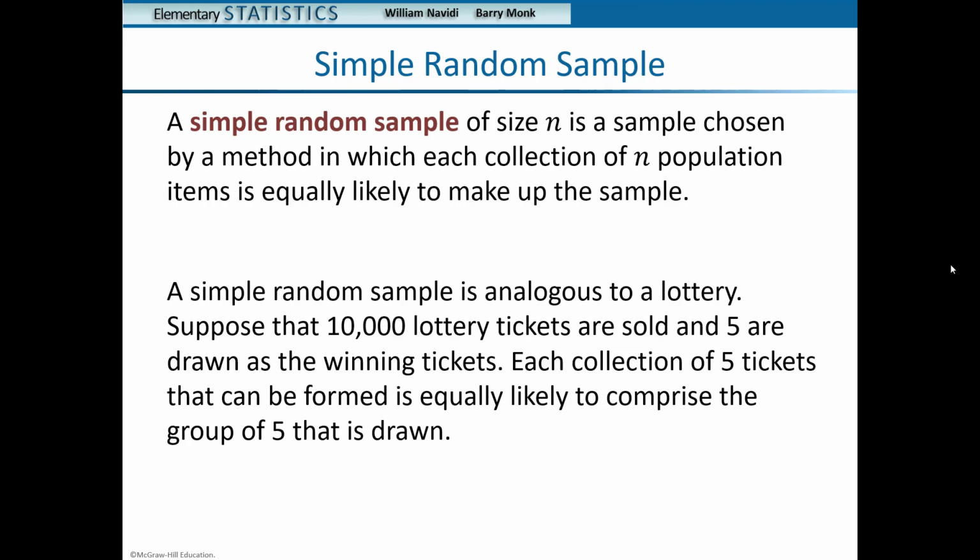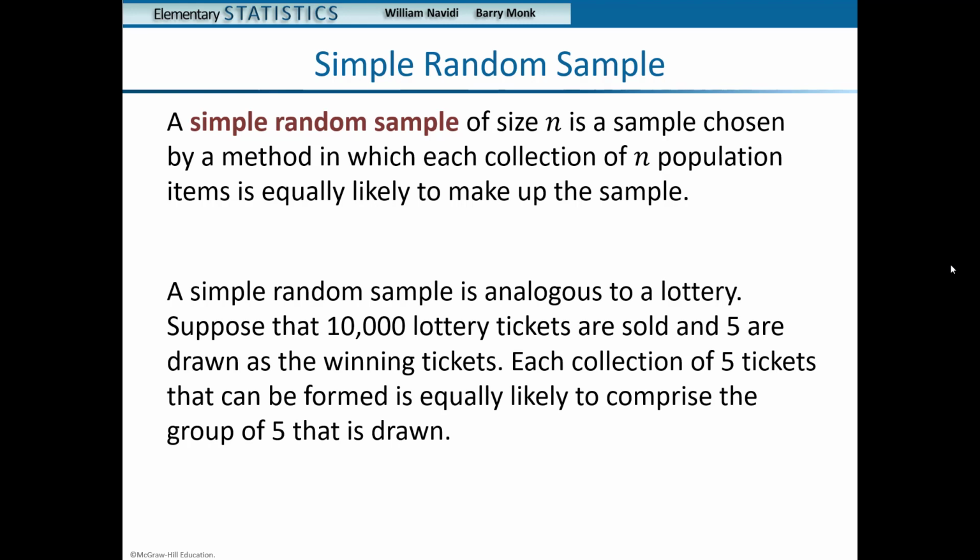So that's officially how a simple random sample is defined, but it also really means that every individual within the population is equally likely to be selected to be a part of the sample. So the main thing is that there's nothing about the sampling method that skews the likelihood of selection towards certain individuals or away from other ones.